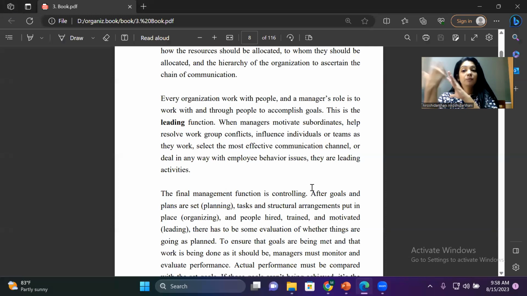It is very important to focus on proper leadership, because leaders would motivate you, resolve all the conflicts within the organization, and act as a very good communication mechanism, because leaders are providing you guidance, directing what to do, how to do.